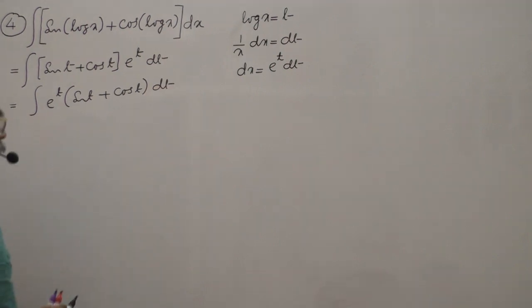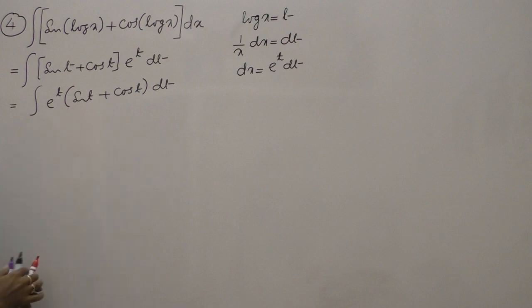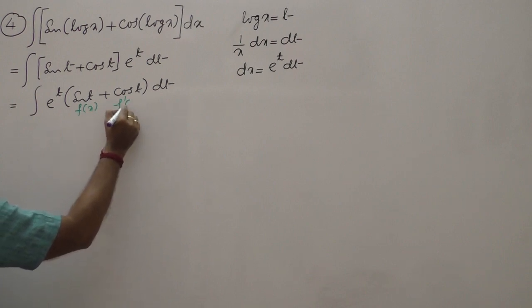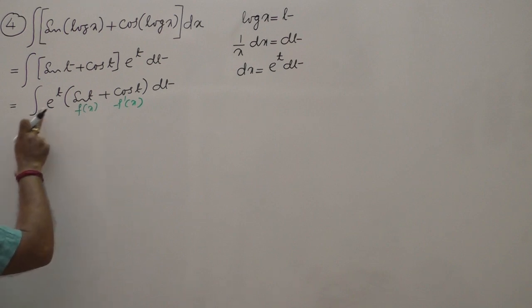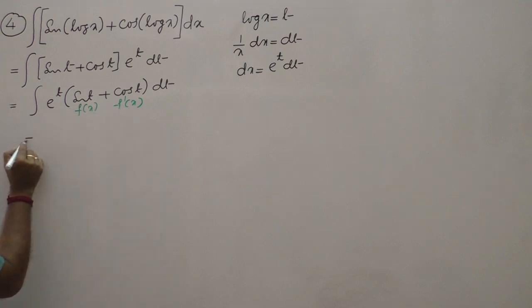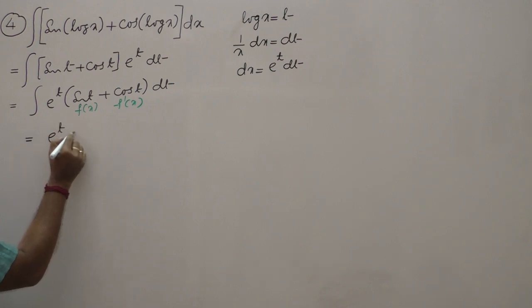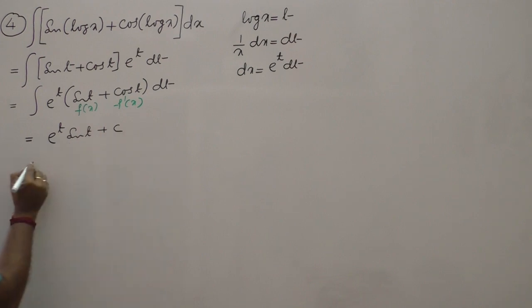Whenever e power t is there, see here sine is there, cos is there. If you suppose sine is a function whose derivative is exactly plus cos. So now this integral takes the form integral e power t into f of t plus f dash t. We know the formula for this, e power t into f of t, that is sin t, plus c.